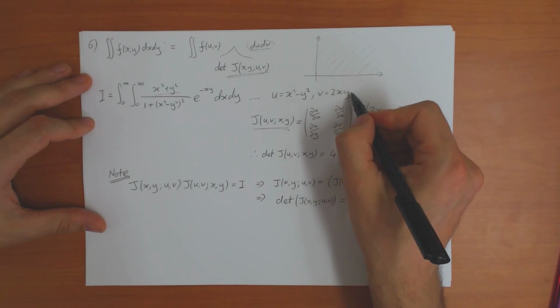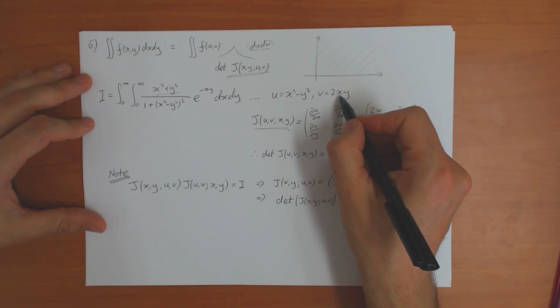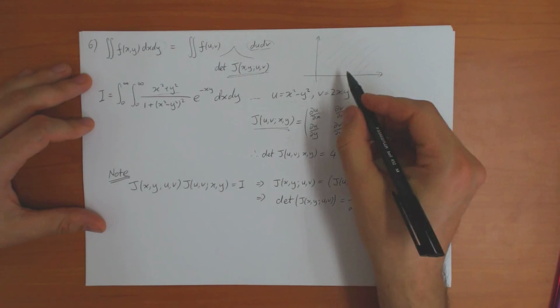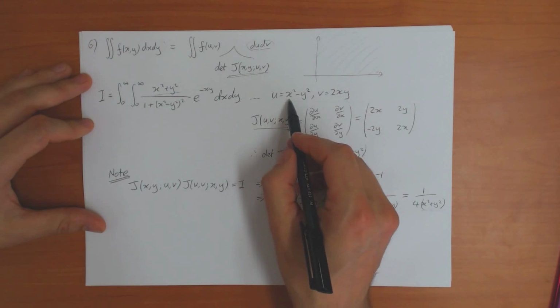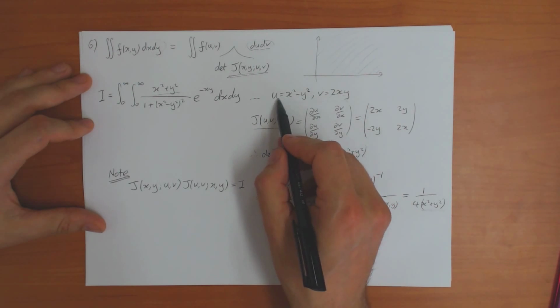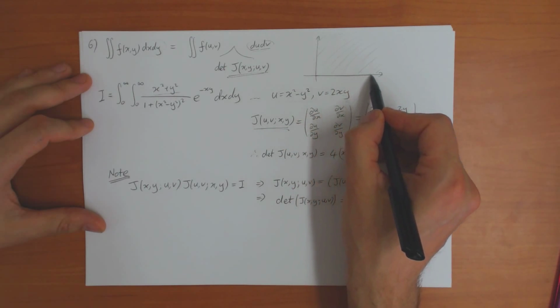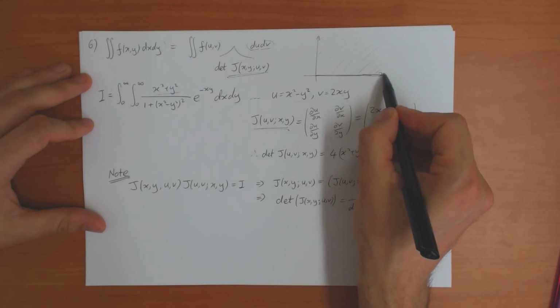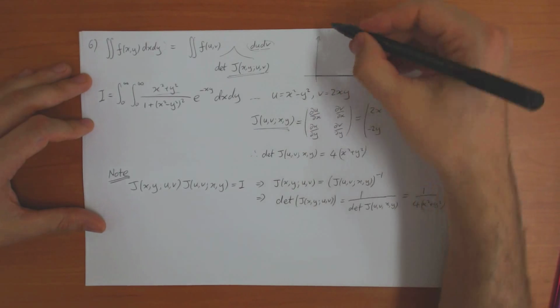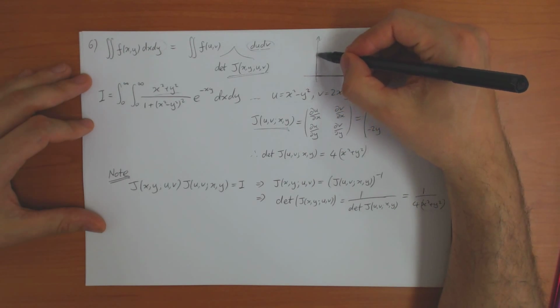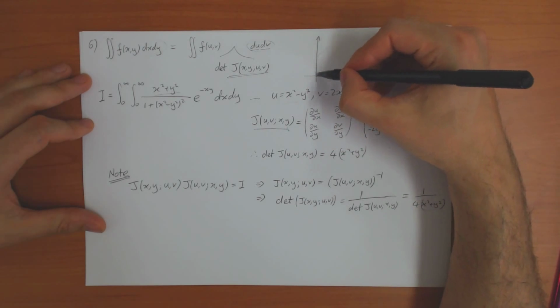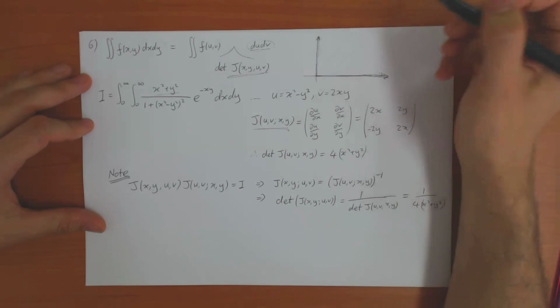Okay, so from here you can see that v can be anything from 0 to infinity itself. Right? So v goes from 0 to infinity, and from here, if I go along the x-axis, then u is just equal to x squared. So that goes from 0 to infinity. And as I go along the y-axis, it goes like minus y squared. So that goes from 0 to minus infinity.